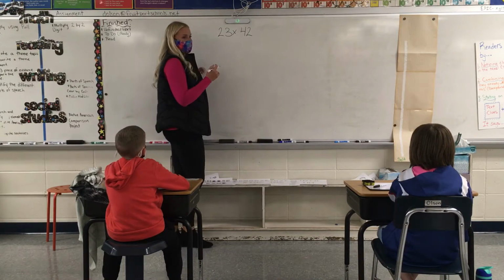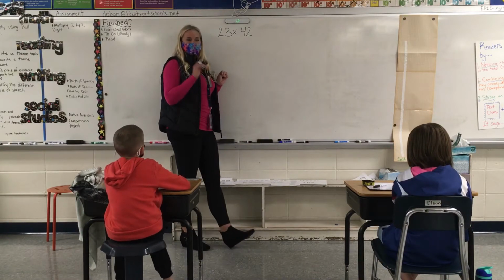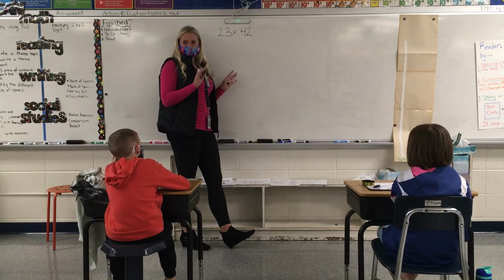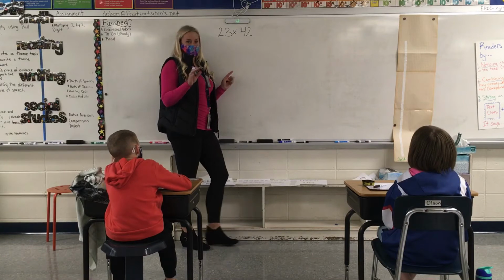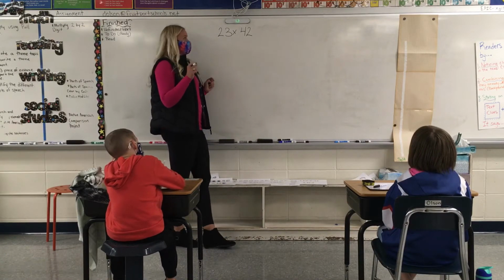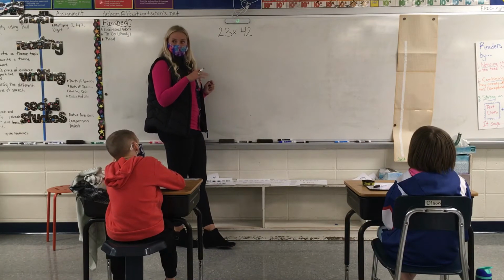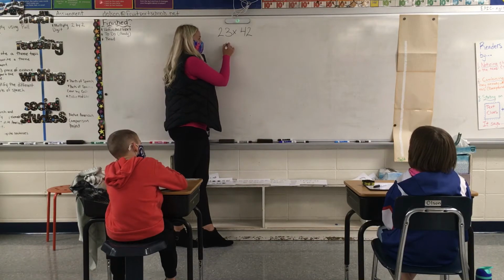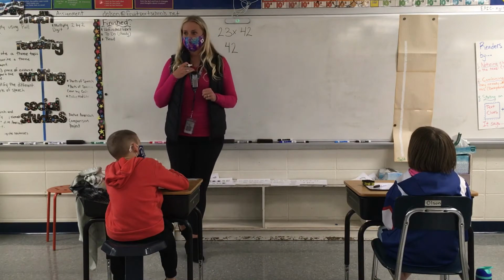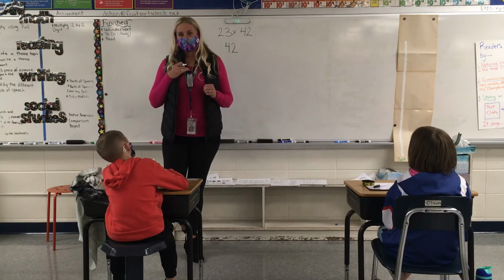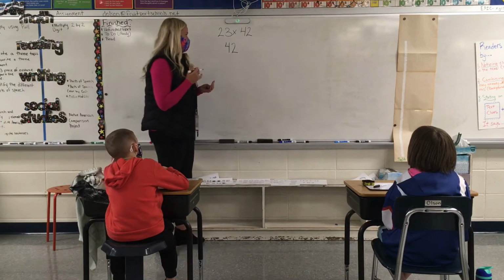When you're doing the pull apart method, the top number, nothing changes. It stays the same. It does not get expanded out. So whatever number I choose to keep on the top stays just like it is. I'm going to choose 42. A lot of times I like to choose the bigger number. Sometimes I don't. It just depends.